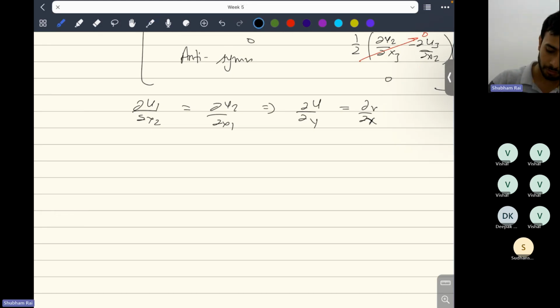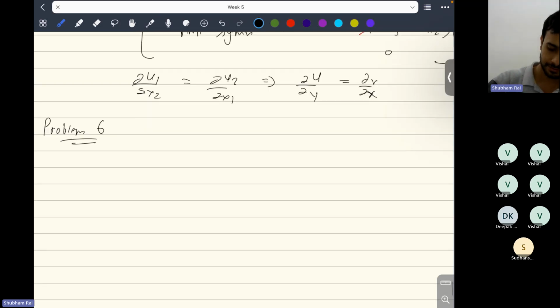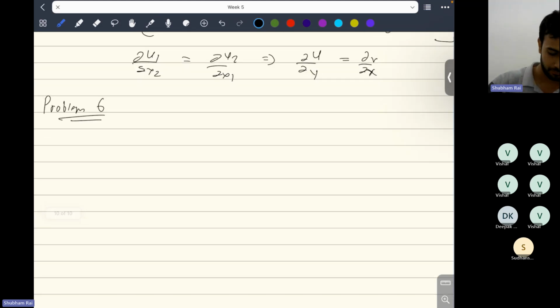Okay, coming on to the next problem. It is problem number 6. It says we have been given the following formula for strain components.